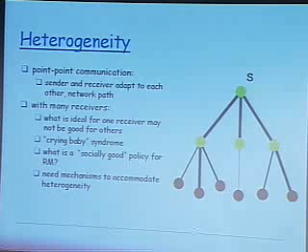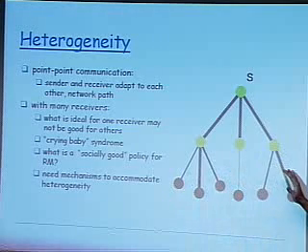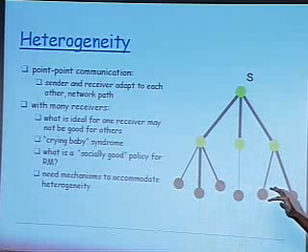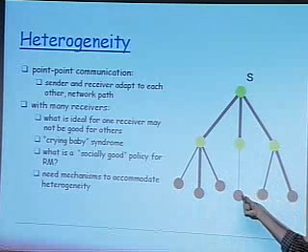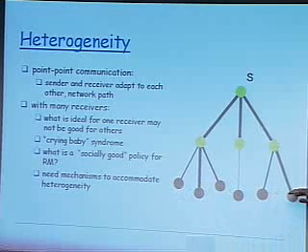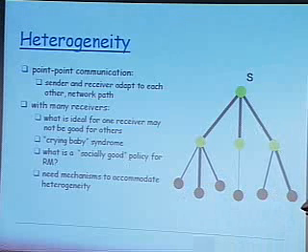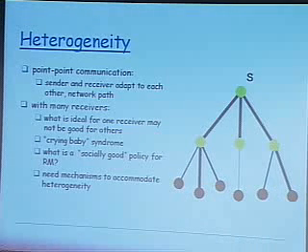Heterogeneity. So in this scenario, imagine the bandwidth of the link to be the thickness of the line. Okay, now you have a bunch of different receivers which are all part of this multicast group, and the sender is trying to send packets to all of them.